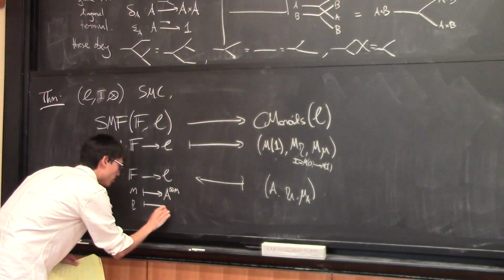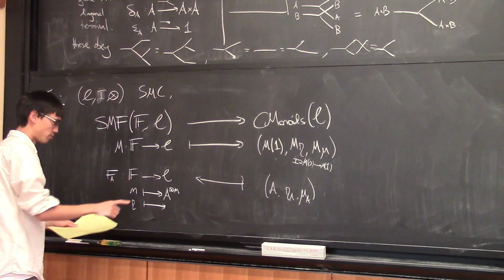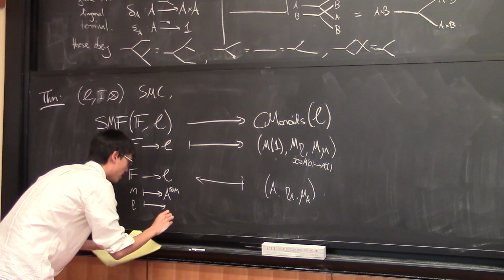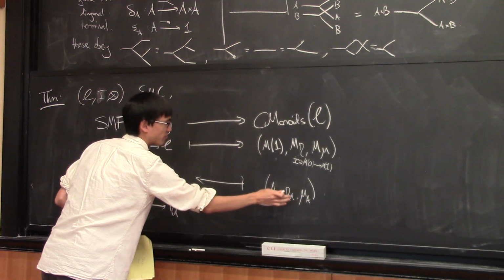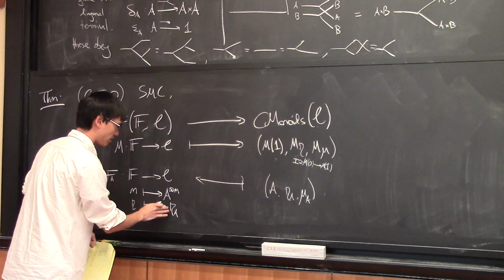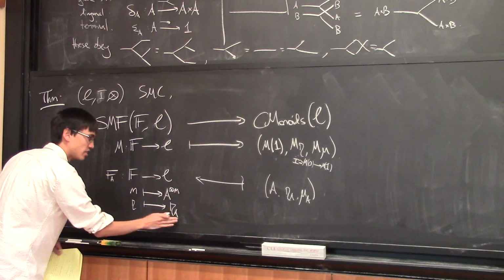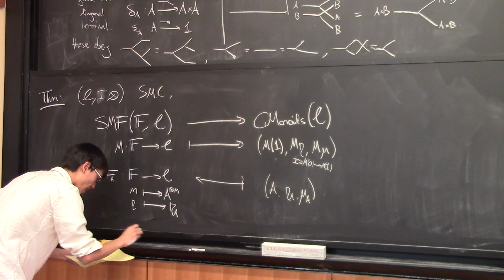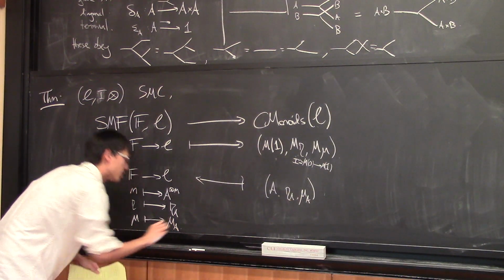If you take the generator eta, this function from 0 to 1, then you map it to eta_A, which is a morphism from the unit to A, the image of 1. And you map mu to mu_A.